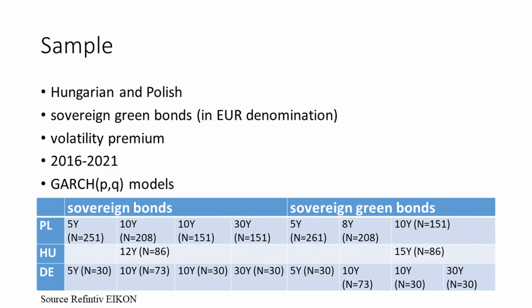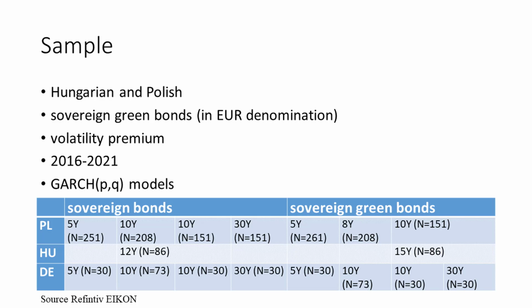So there is a consensus that the market is less sure about the pricing of green bonds. So what is the value here? Can we find similar things in the Visegrad, Hungarian and the Polish sovereign green bond market?